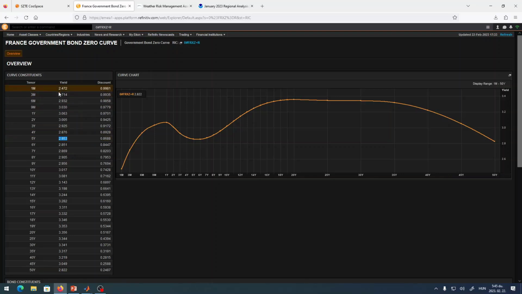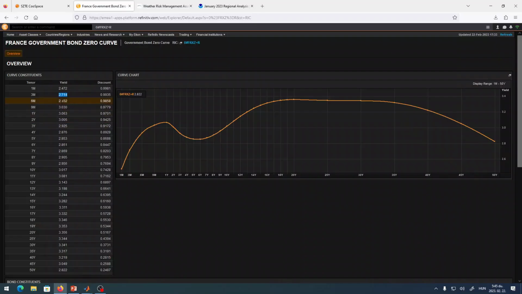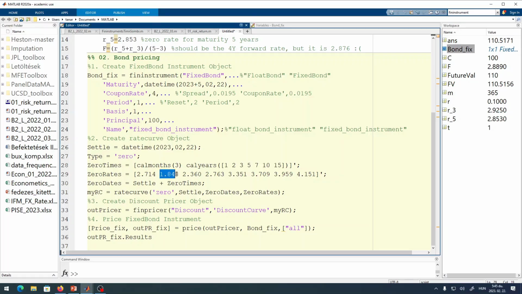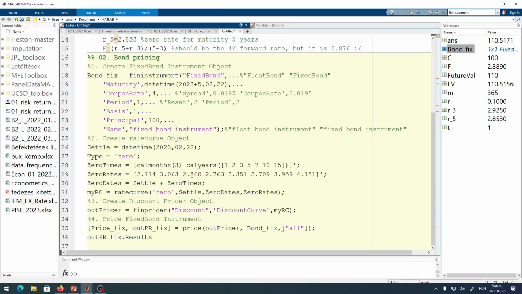Okay, so 3 months. I'm just copying them to make it right. 1, 2, 3. It would be so nice if we had a huge download-in-Excel button right here, but they don't have it. They are not paying enough money.